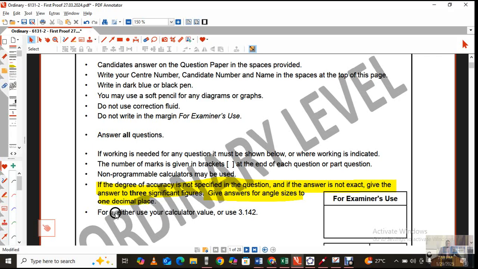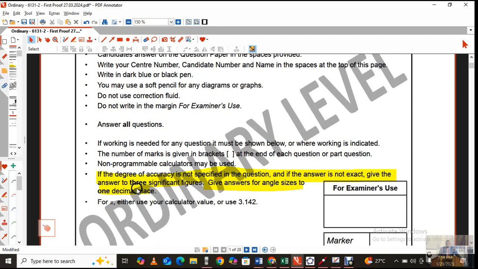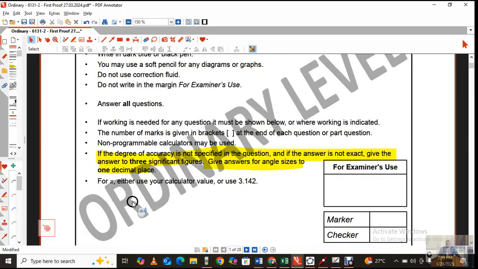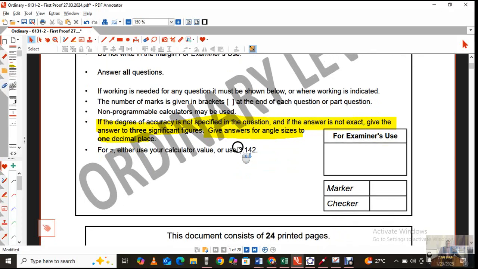If there is any calculation that involves pi, probably the area of a circle, or any geometrical shape that is circular by nature, where you need to find the surface area or the volume, then you either use your calculator value of pi, or you can use 3.142, which is a pretty good estimate, considering pi is an irrational number.